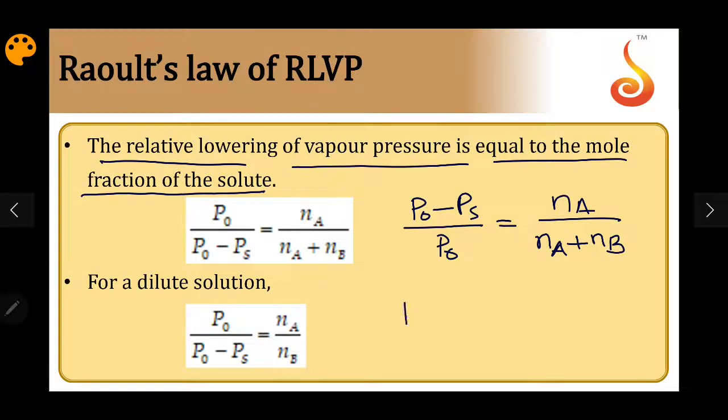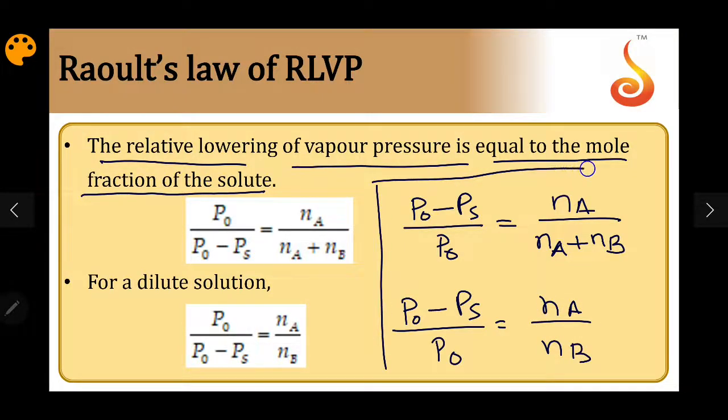And for a dilute solution, Na, the mole fraction of solute, can be neglected in the denominator. So P naught minus Ps by P naught is equal to Na by Nb. This is the formula for relative lowering of vapor pressure according to Raoult's law.